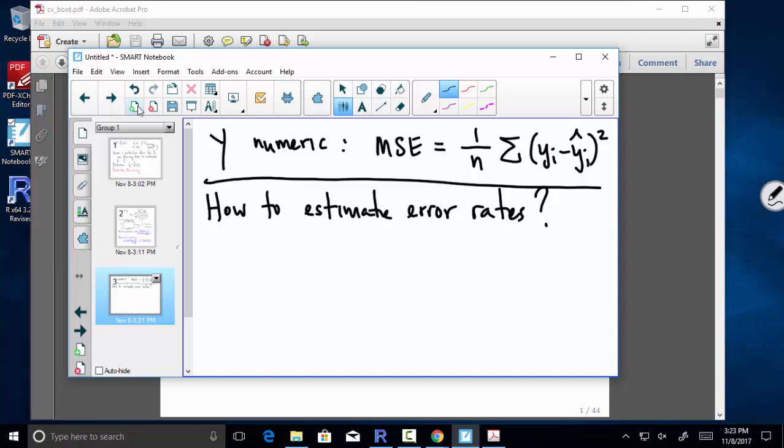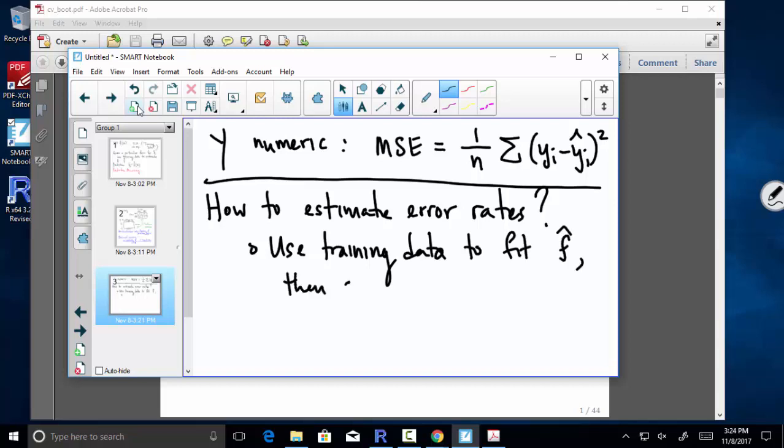One possibility would be to use the training data to fit F, then compare truth to prediction on the same training data.